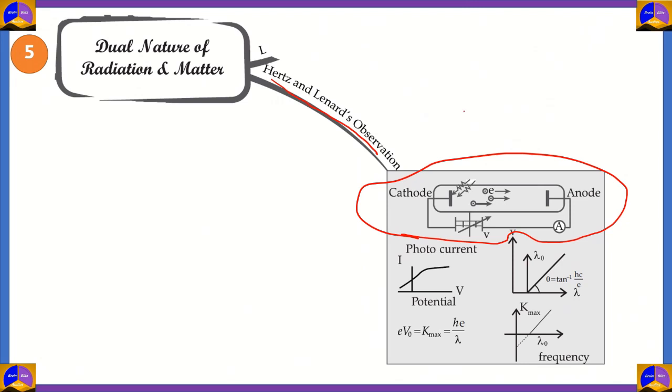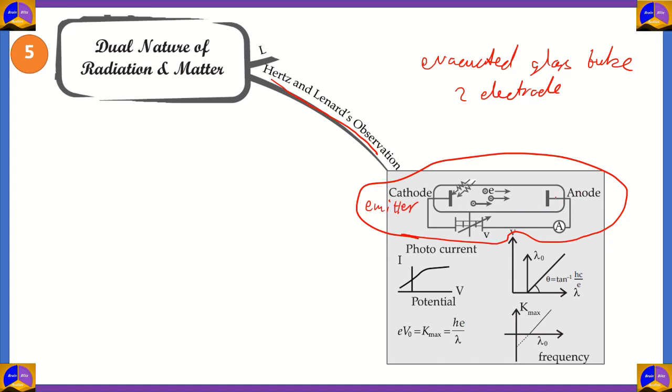This setup contains an evacuated glass tube, and this glass tube has two electrodes. The cathode is where light is incident, and it emits the electrons. So the cathode is also known as the emitter.